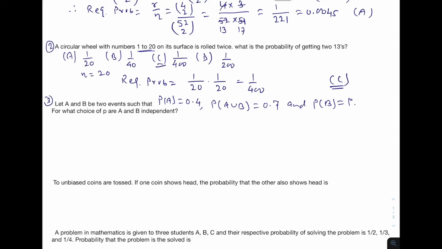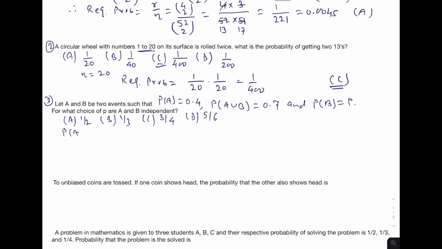Question is, for what choice of p are A and B independent? So the options are 1 by 2, 1 by 3, 3 by 4, 5 by 6.